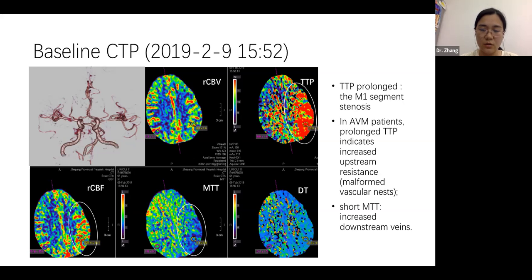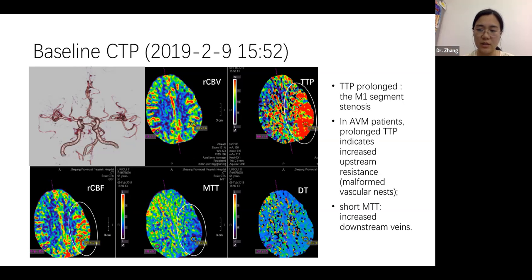stagnation or obstruction when cerebral blood flow comes into the brain, if you want to go across the stagnation or the obstruction, it's very difficult. But because of the increased downstream veins, the blood goes from the arteries to the veins faster, so the MTT becomes short.